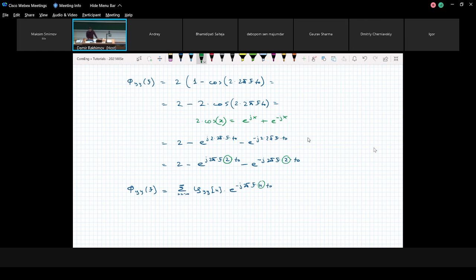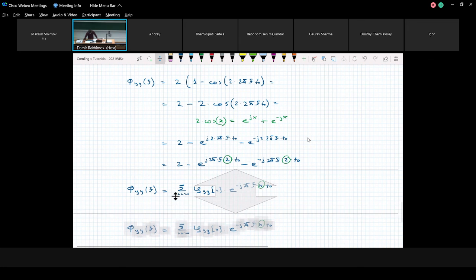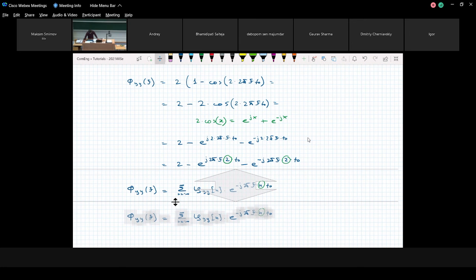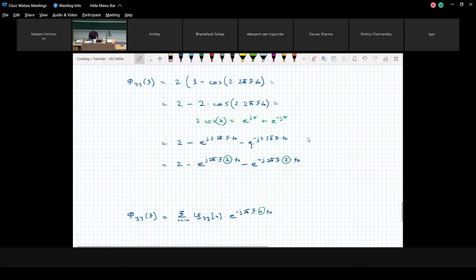We need to do the last step to allow us to find the answer. Finally, I have to write our power spectral density as 2 times, and then can we represent 2 as an exponential function of something?